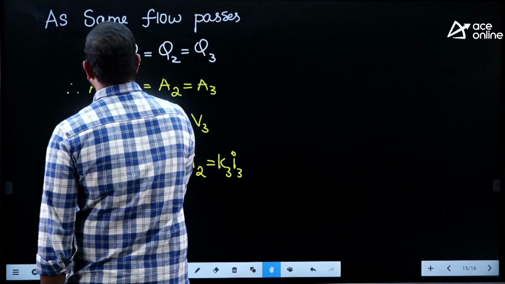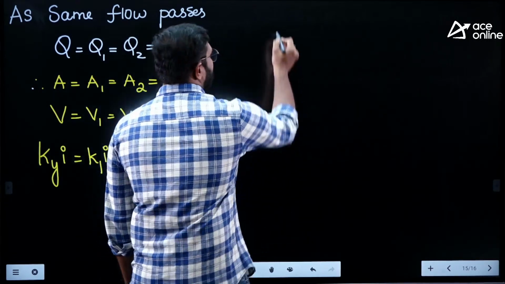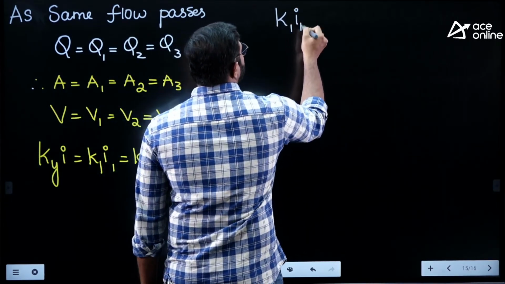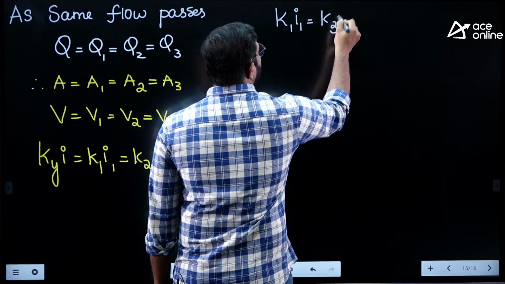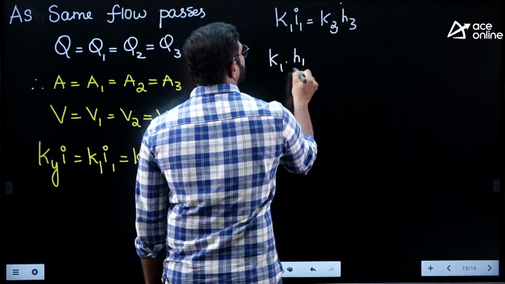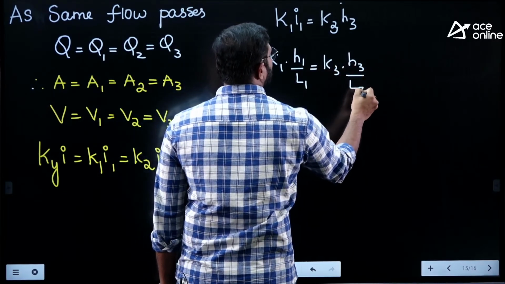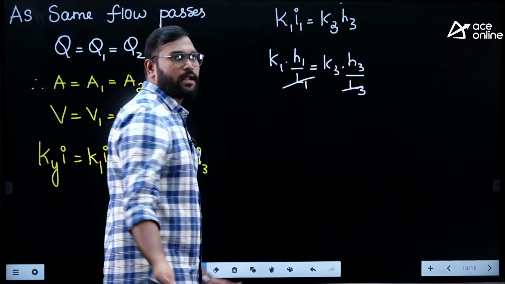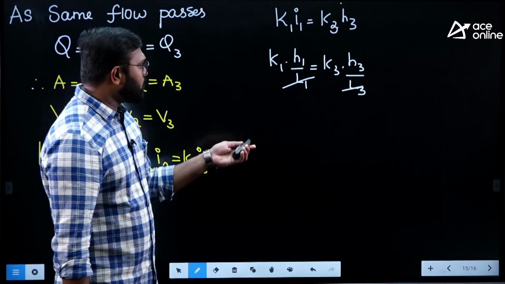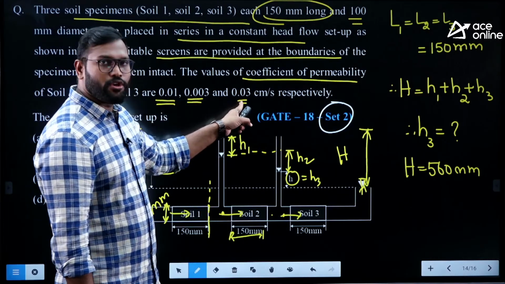As I require H3, first I will take K1 i1 is equal to K3 i3, that is K1 into H1 by L1 is equal to K3 into H3 by L3. You know the lengths are the same, right? And I know the permeabilities. What is K1? 0.01. What is K3? 0.03.